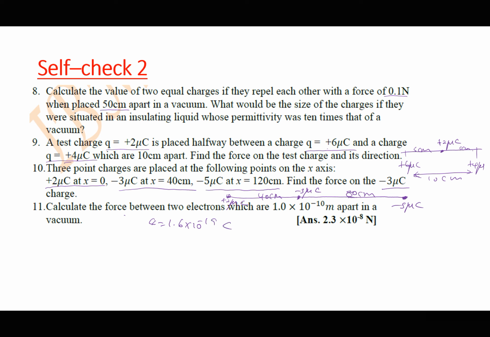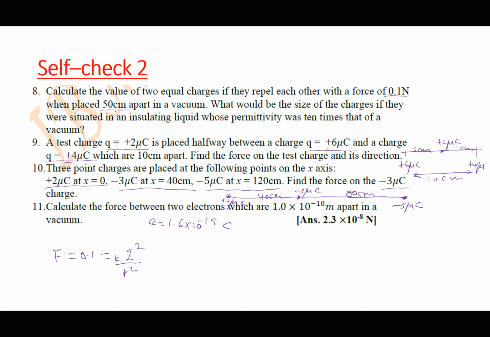In number 8, they said calculate the value of two equal charges. They are equal in magnitude if they repel each other with that force. So just to give people a hint, the force is 0.1. But the force is the product of the charges. Since they are equal, it is q times q, which becomes q squared, times a constant k, divided by r squared, where r is the separation.